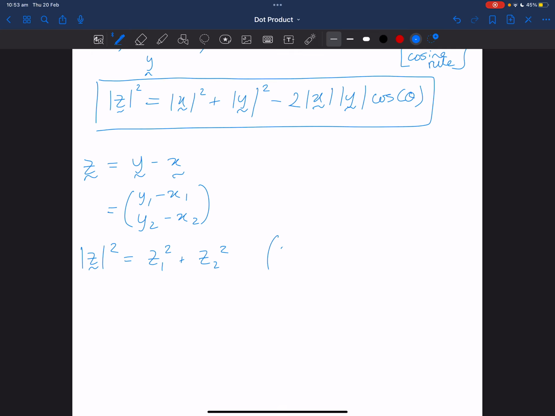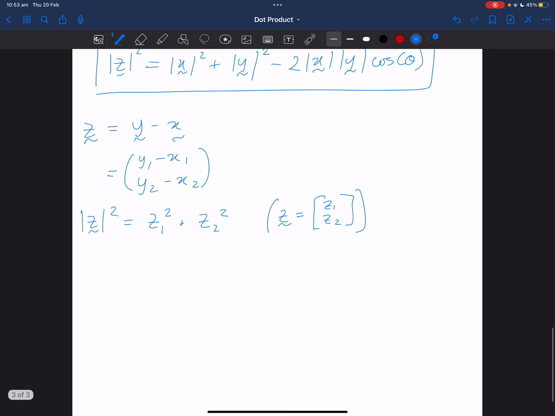Here I'm just calling them z1 and z2. But we know what z1 and z2 are, right? So this equals (y1 minus x1) squared plus (y2 minus x2) squared.